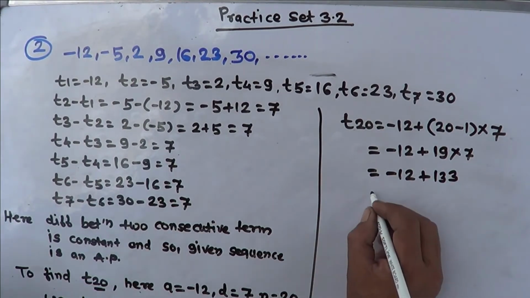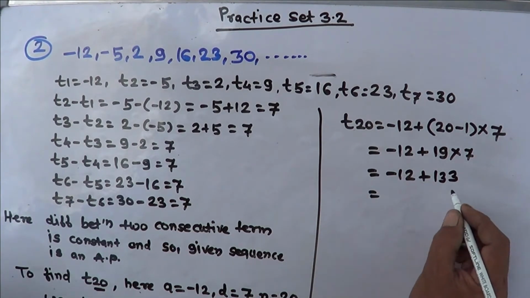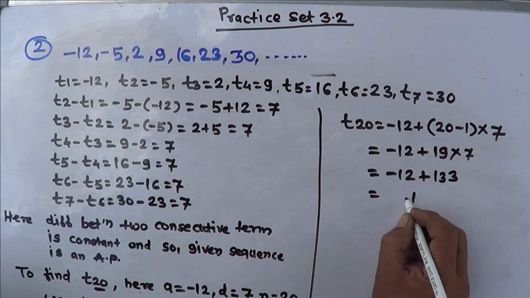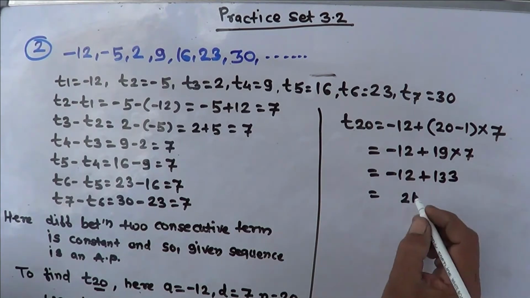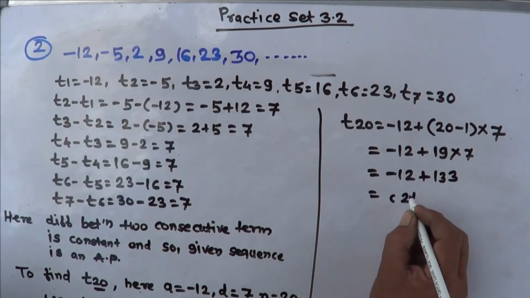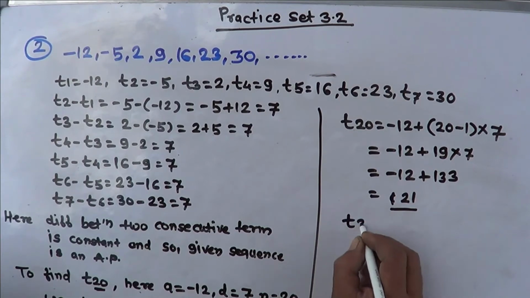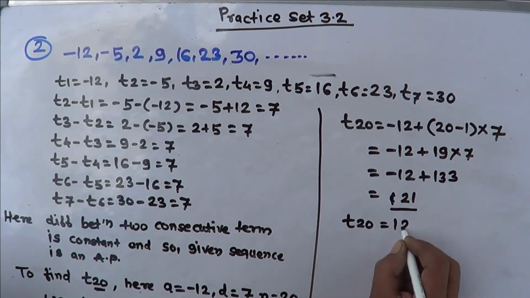So this will be equal to minus 12 plus 133. The 3 minus 2 is 1, 3 minus 1 is 2, and 1 minus 0 is 1. So our answer is 121, and so T20 is equal to 121.